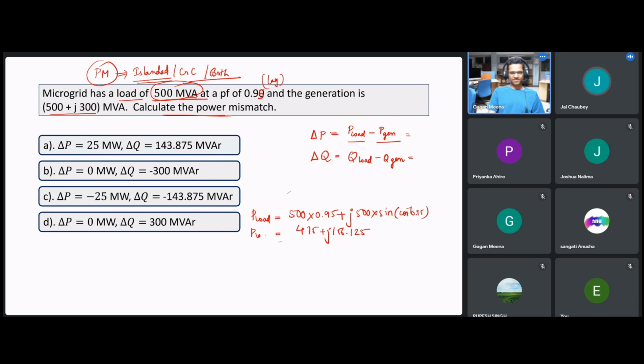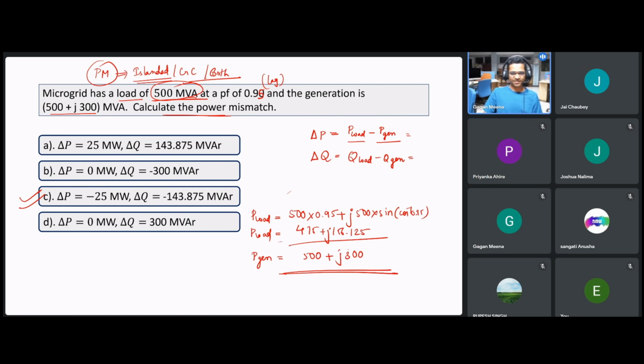Now can you tell what will be the mismatch? This is P load, and P generation is also given, 500 plus j300. Now you can easily calculate. Now what will be the mismatch? A, B, C or D? C. Option C, correct.